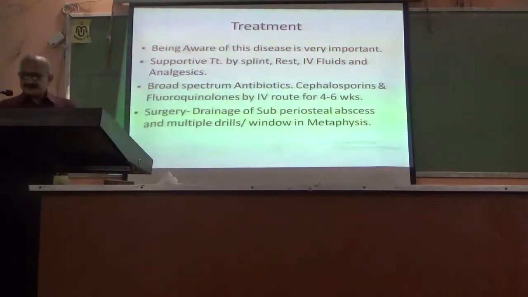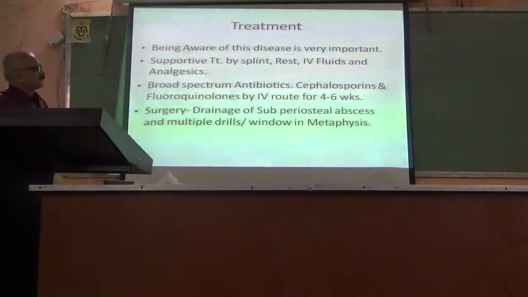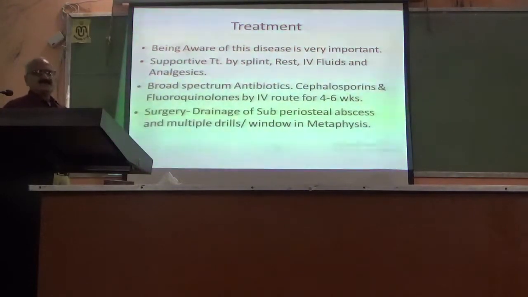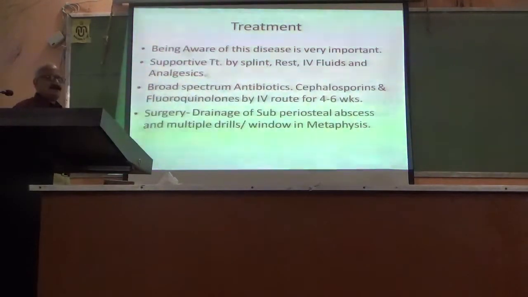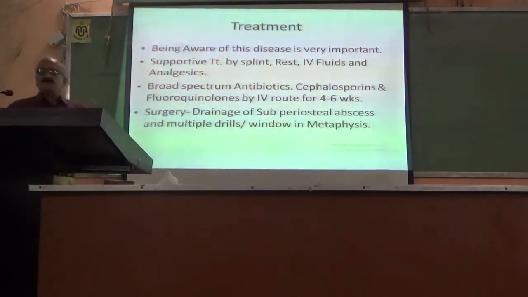Then treatment. Being aware of this disease is very important. First of all, the treating surgeon or clinician must be aware that he might be dealing with a case of acute osteomyelitis, because in acute osteomyelitis you have a very short window period in which you can do something good.